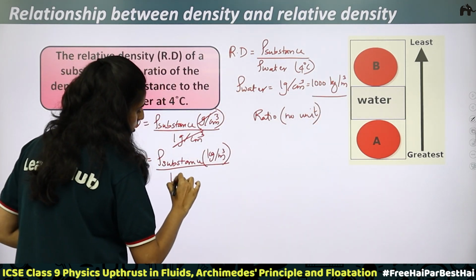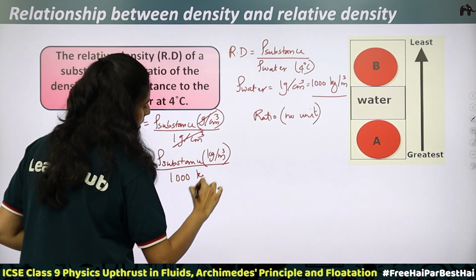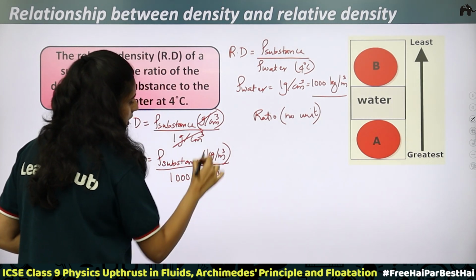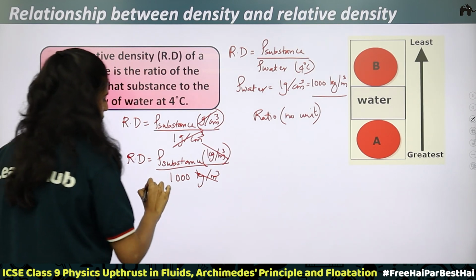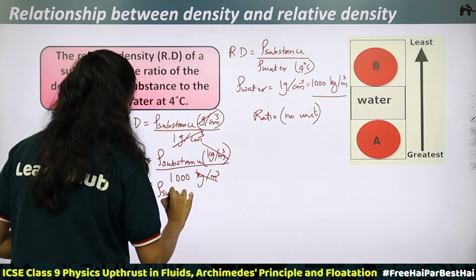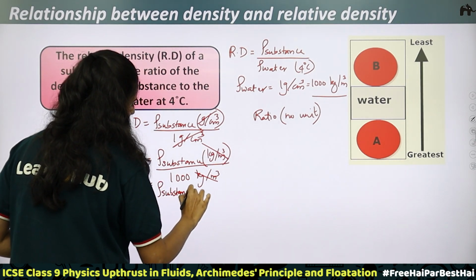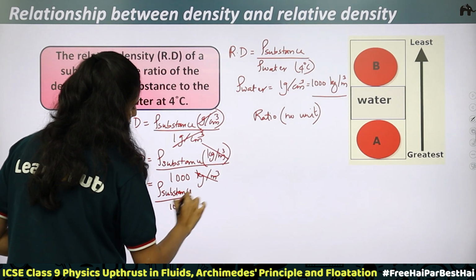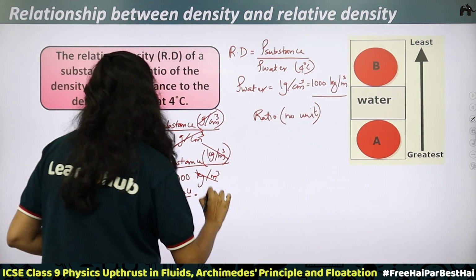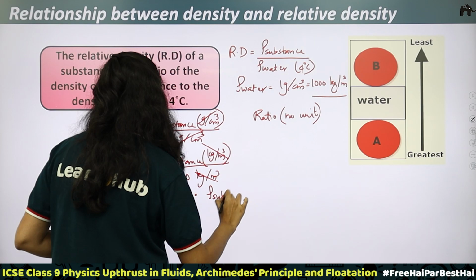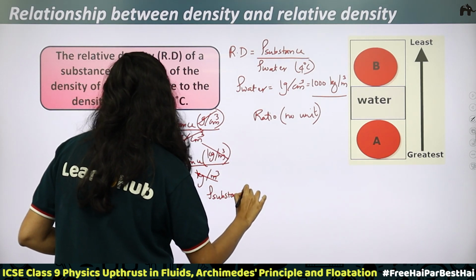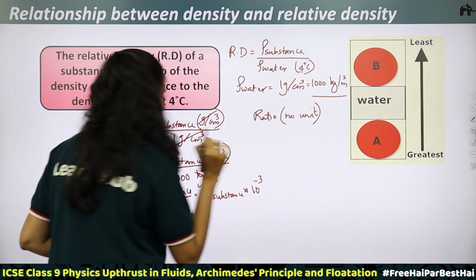Units can be cancelled. Then you will have density of substance divided by 10 raised to 3, which is equal to density of substance into 10 raised to minus 3. There is no unit.